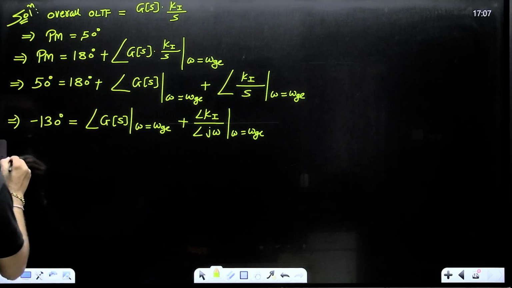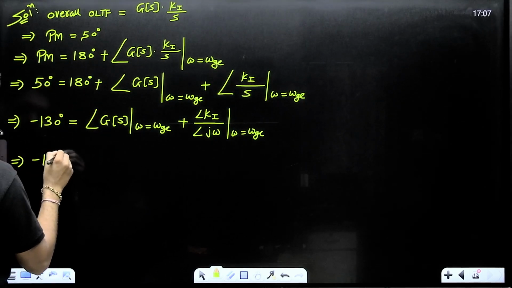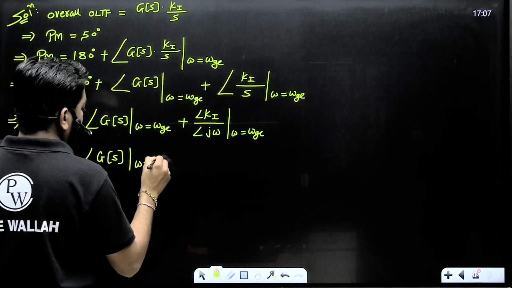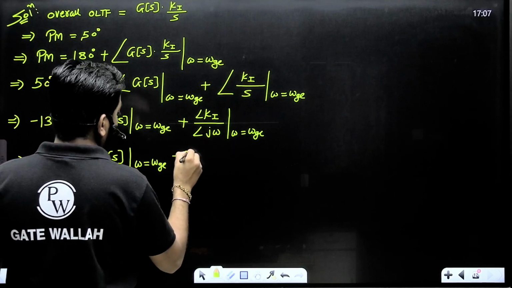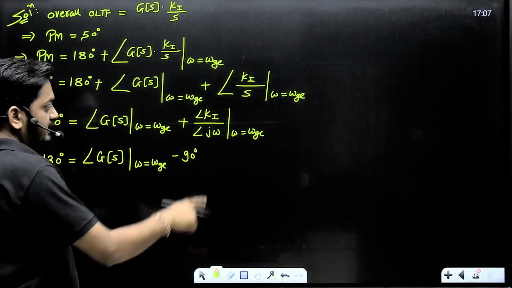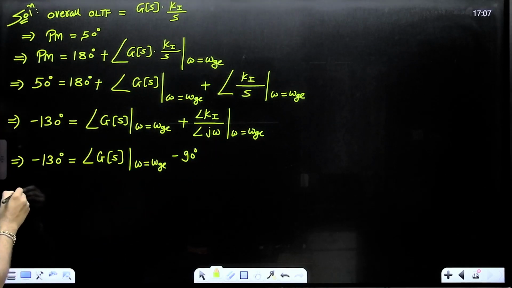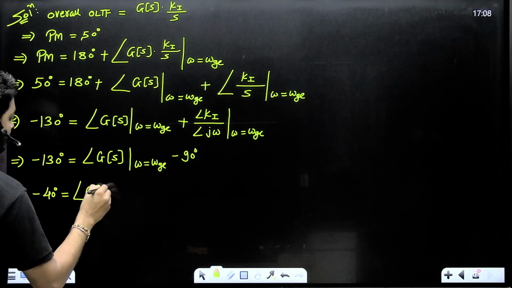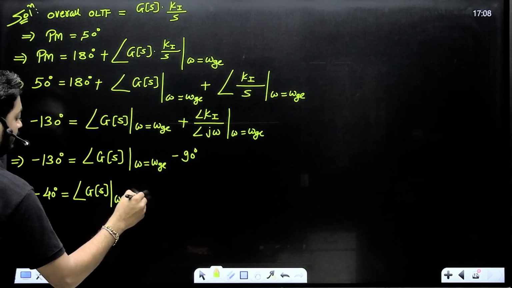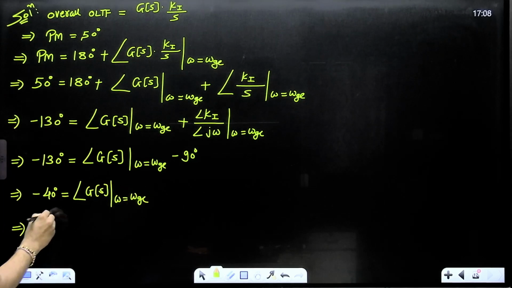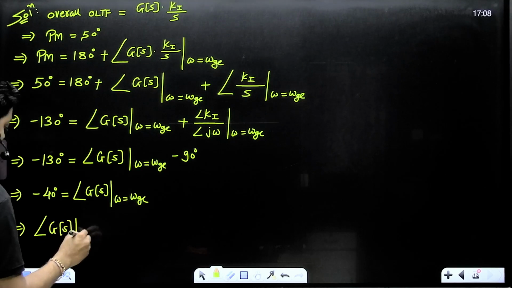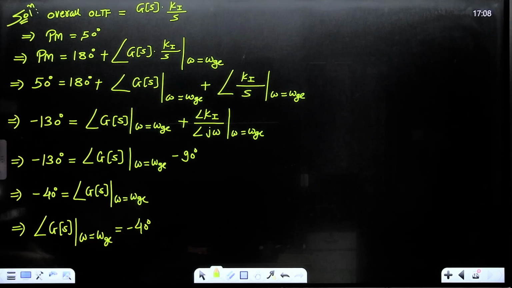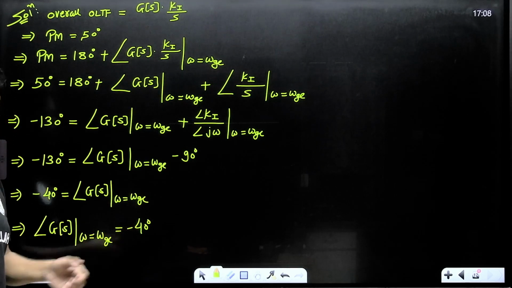So minus 130-degree is equal to the angle of G(s) at omega GC plus minus 90-degree, because Ki is positive with angle 0-degree, and 1 by j omega has angle minus 90-degree. So the angle of G(s) at omega equal to omega GC is minus 40-degree. Now we will get the omega GC.